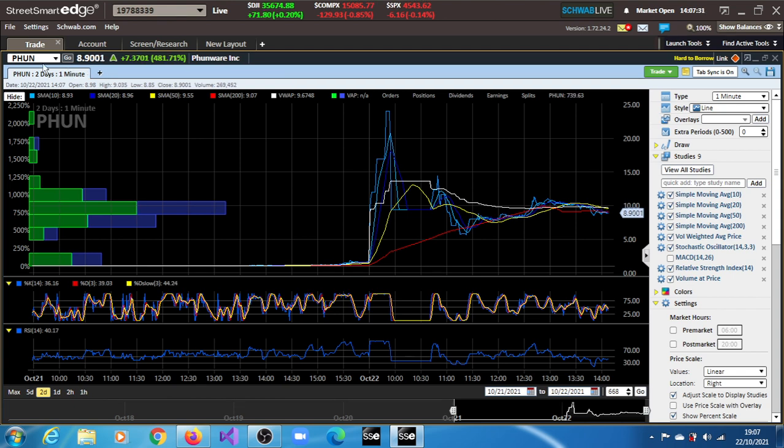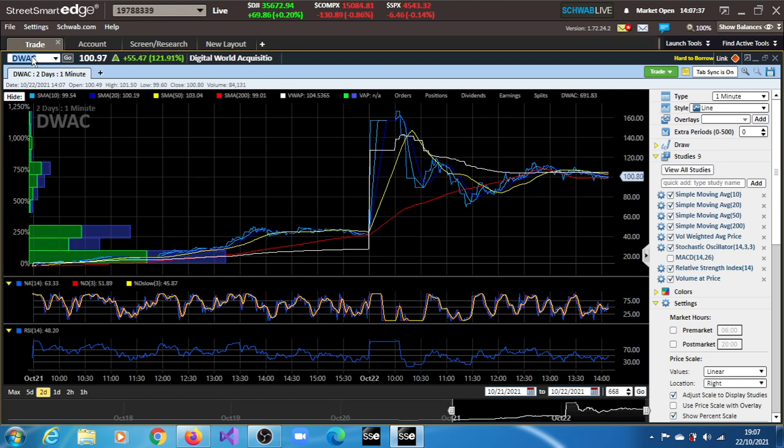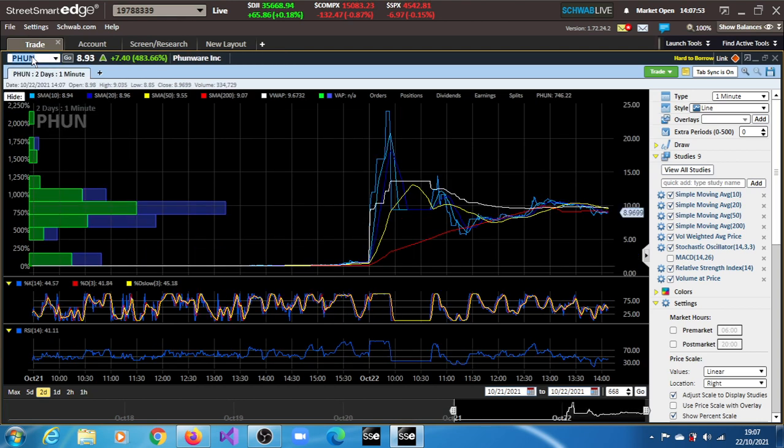So obviously we know that the stock is associated with DWAC. It's associated with DWAC by virtue of the fact that DWAC is a SPAC that is probably trying to take Trump Digital Tech public, and obviously PHUN developed the app that Trump used for one of his campaigns.